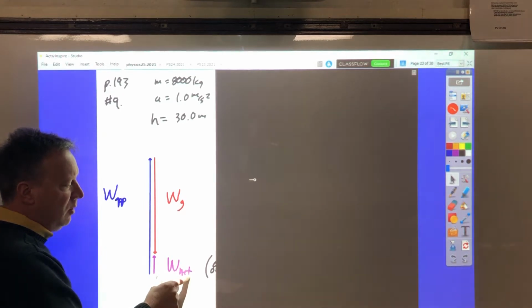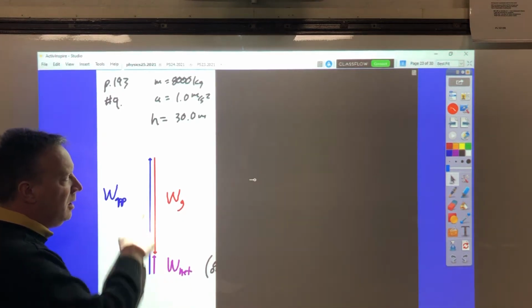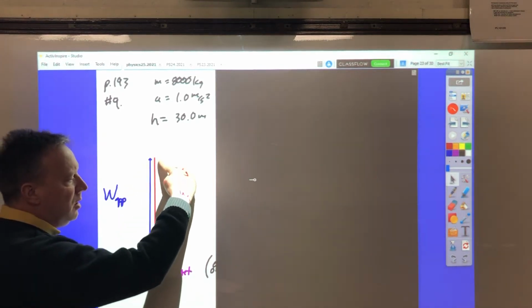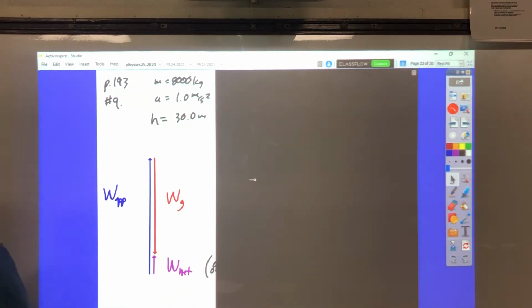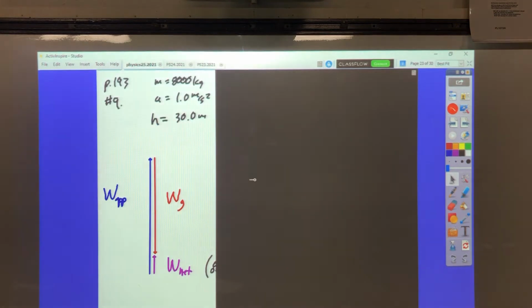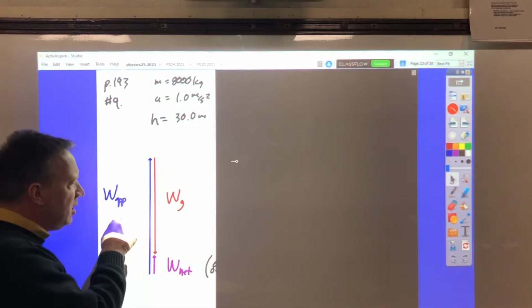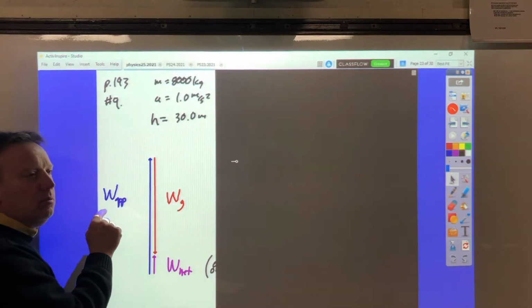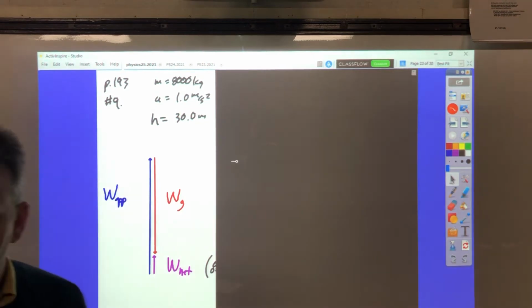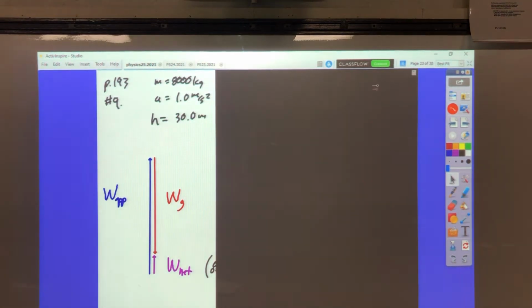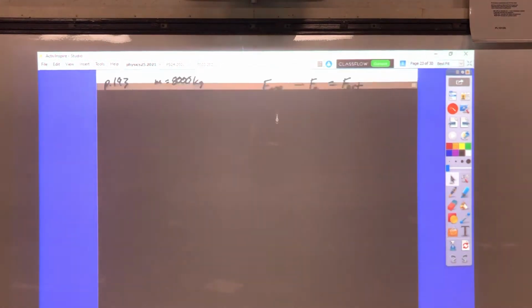And the leftover is net work. So if I add this one, which is positive, to this one, which is negative, I'll get the net work. And instead of calling it a driving force this time, I'm going to call it an applied force. Driving force, applied force, in this context it'd be the same thing in this problem.